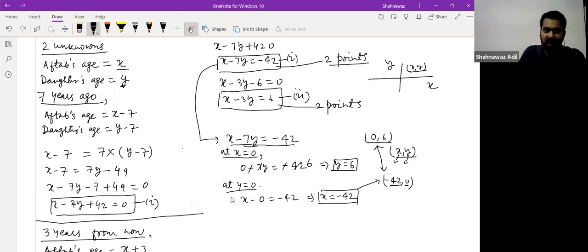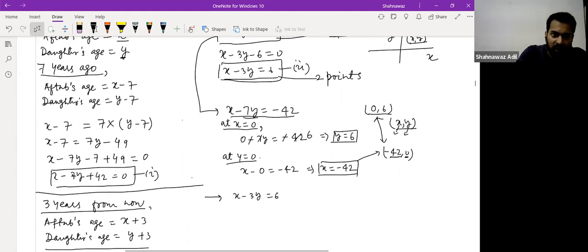So we have found 2 points for this equation, right? So let's just find them for this equation. Okay, so x minus 3y is equals to 6, right? At x equals 0, this will be 0 minus 3y equals 6, right?